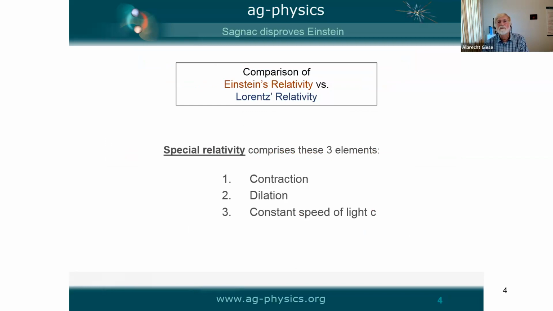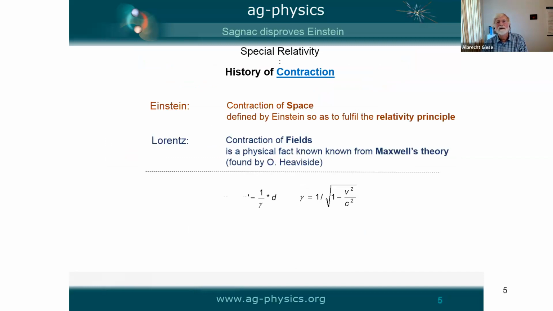We start with special relativity as three points: contraction, dilation, and the constancy of the speed of light. Piece by piece, the contraction: Einstein defined that space must contract so as to fulfill the relativity principle, which was his guiding way.